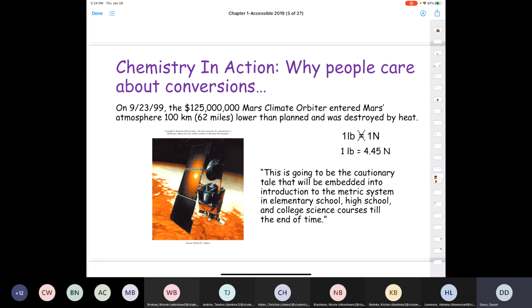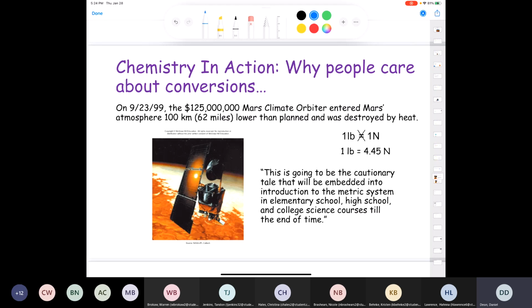The reason conversions are important is the story of the Mars Climate Orbiter, which went into outer space over 20 years ago. This thing cost $125 million, and it burned up in the lower atmosphere of Mars, as is my understanding. The snafu, or the error that occurred, was simply based on the difference in units used between British scientists and American scientists.